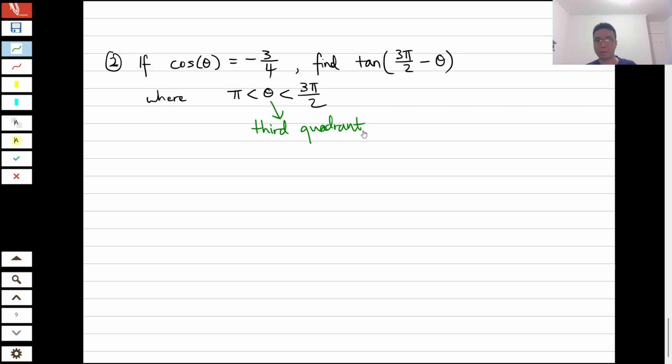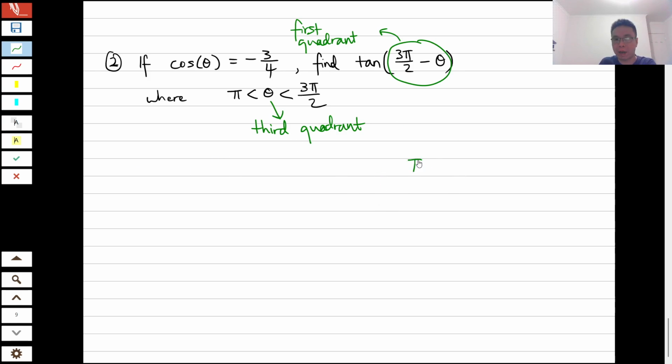And what I'm asking you to do is find tan of a third quadrant angle taken away from 3 pi on 2. Which means this angle is in the first quadrant. So if you're having trouble seeing this, I'll write it out for you.